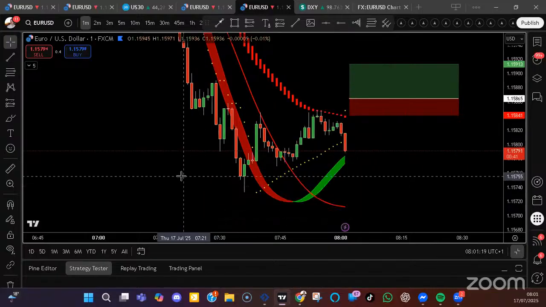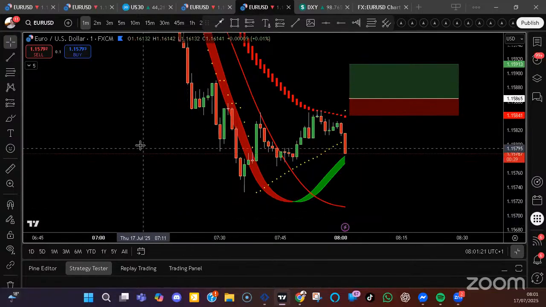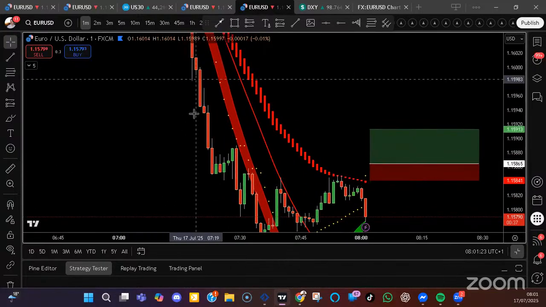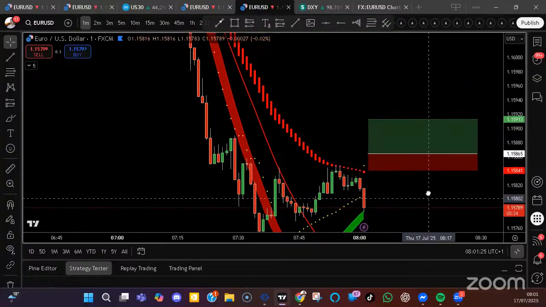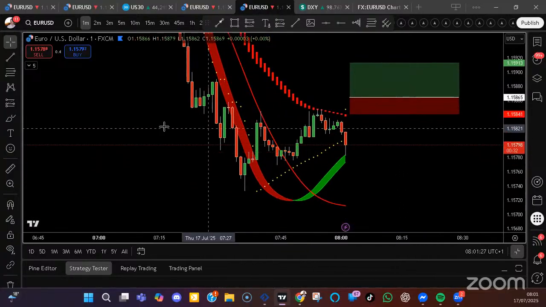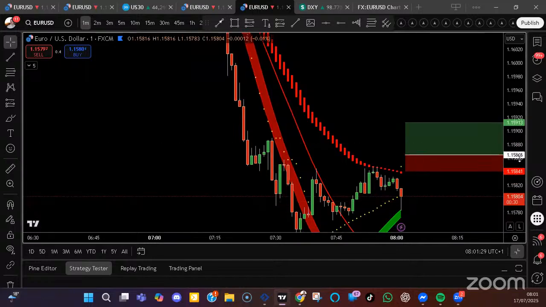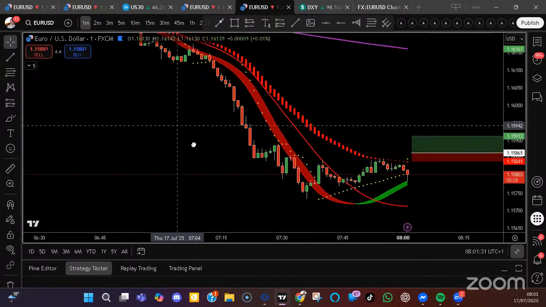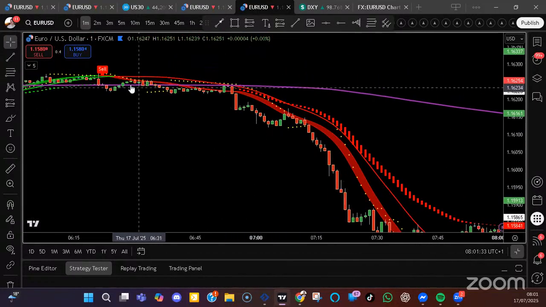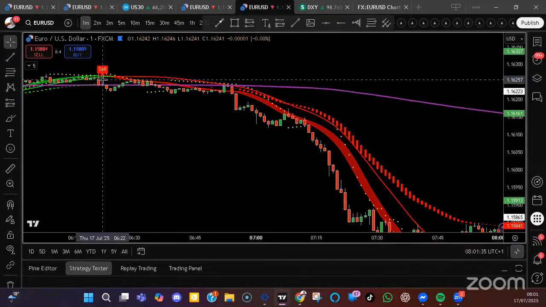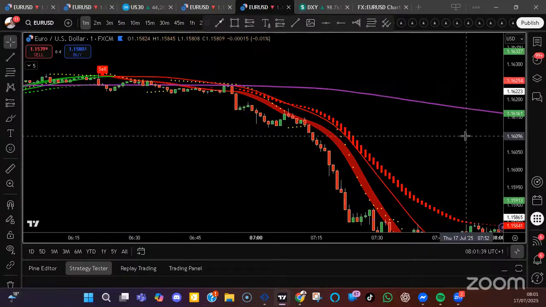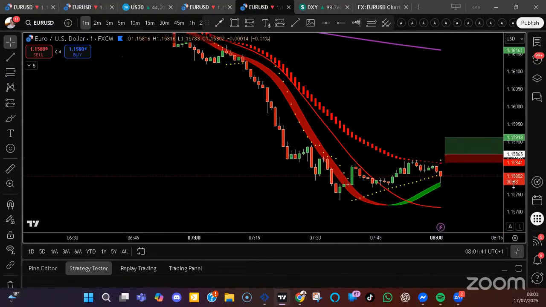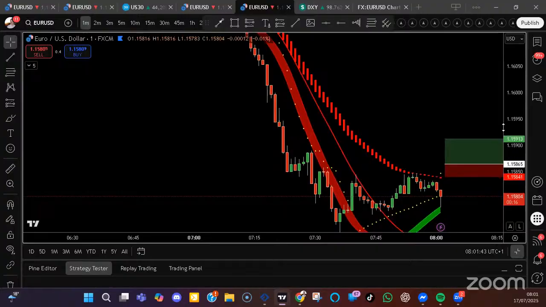So everything as it were, the dollar is getting stronger, hence the euro falling. So are we going to be continuing this quite substantial sell that we started at 20 past 6 this morning UK time? Maybe.